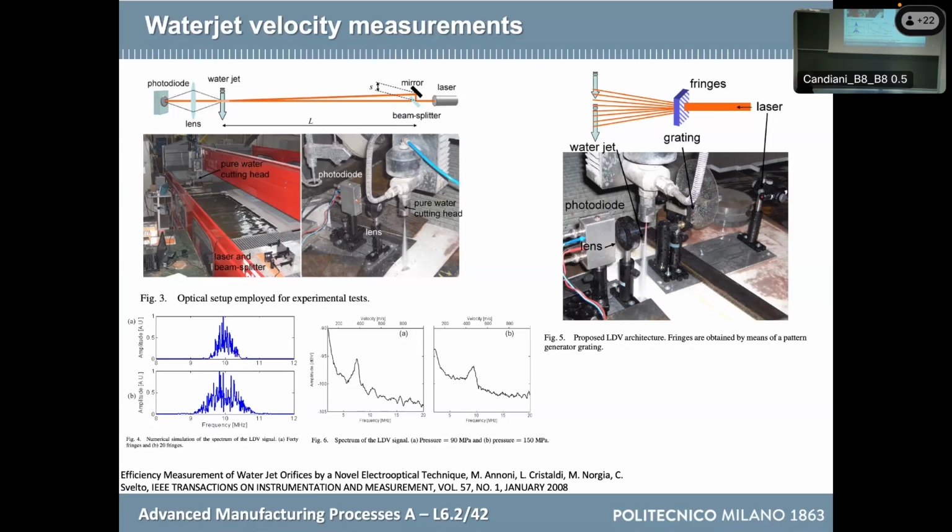Because in theory, we should have seen here two spikes, one for the velocity of the water and one for the velocity of the abrasive. But we were happy enough to measure the velocity like that.